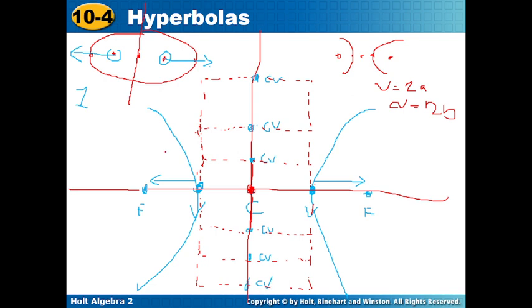So if you have smaller co-vertices, it means your square is in here, correct?